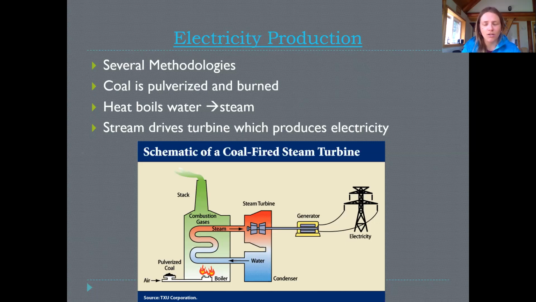And we're not going to get into all the details of electricity production, but generators typically use magnets to create electrical charges. And then these electrical charges are able to be transported along different kinds of wires that have the capacity to be electrical conductors.